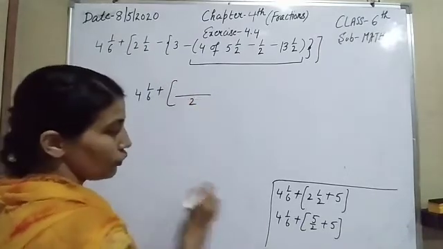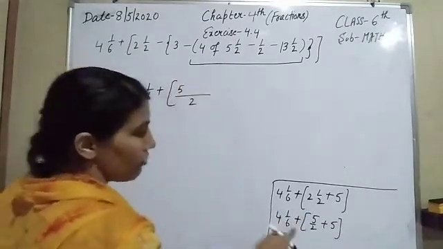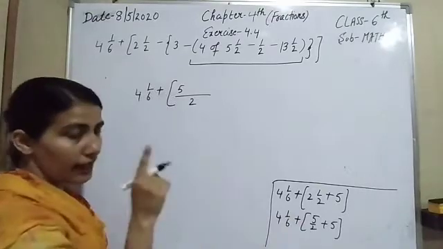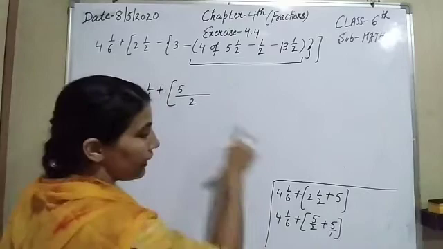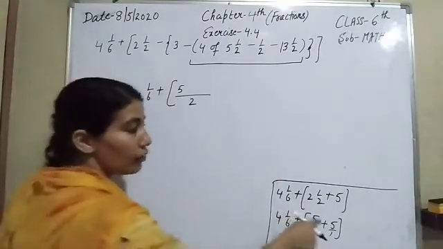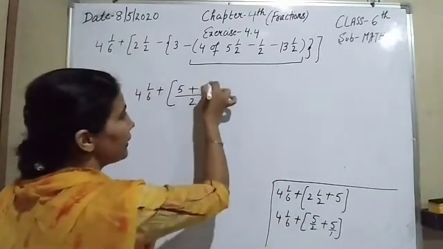The LCM is 2. Whenever we divide 2 by 2, that is 1, and 1 into 5 is 5. Again we divide 2 by 1, that is 2, and 2 multiply 5 is 10.